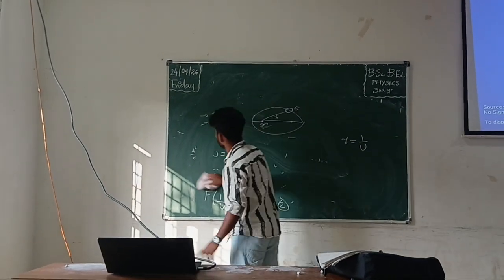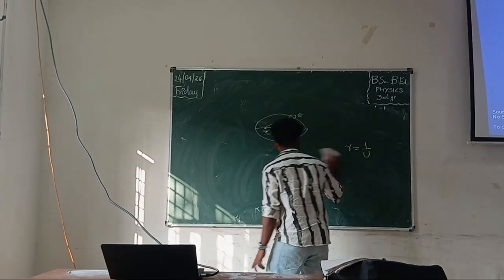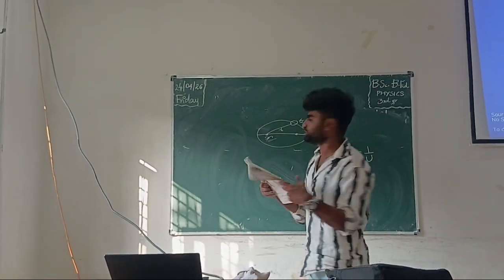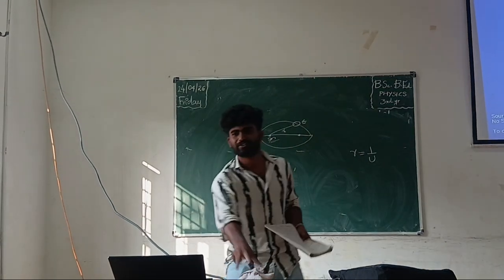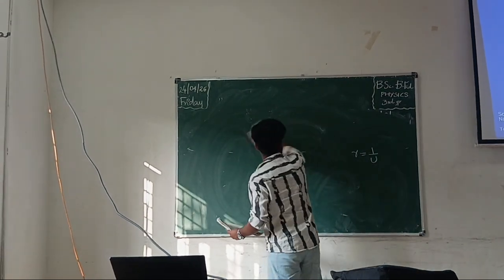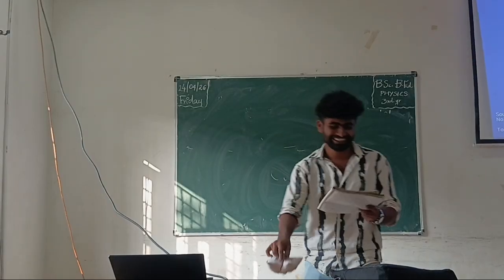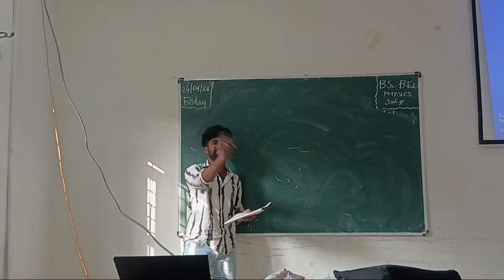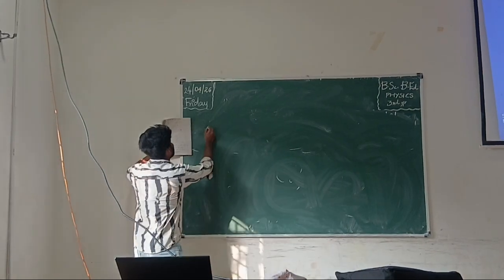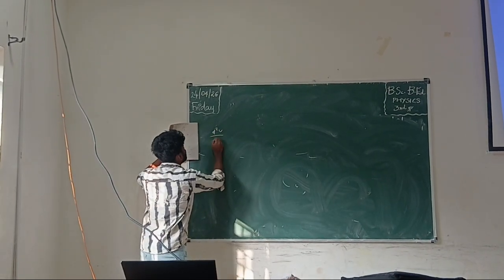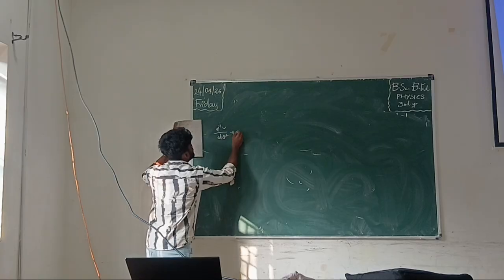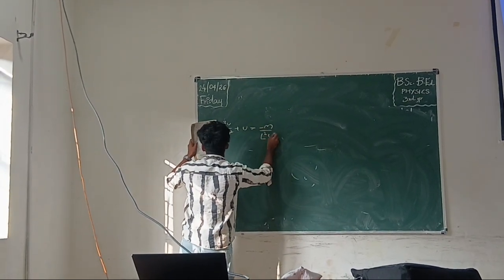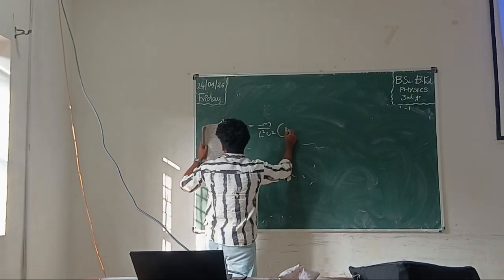We are continuing the topic. We are going to use 2 in 1. So d square u by d theta square plus u is equal to minus m by L square u square times k u square.